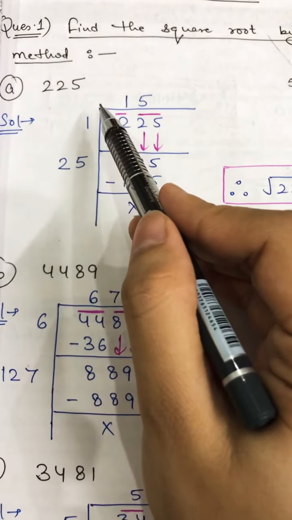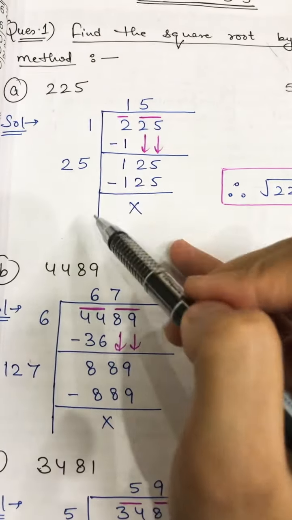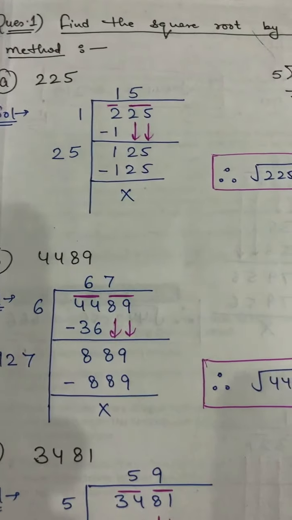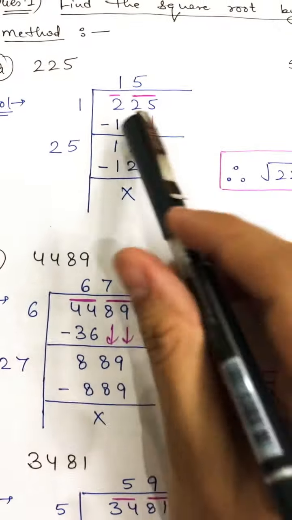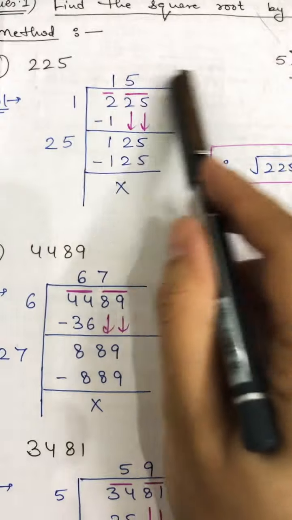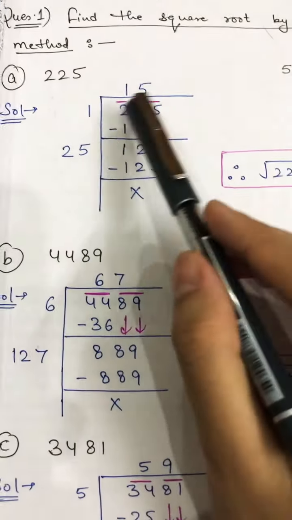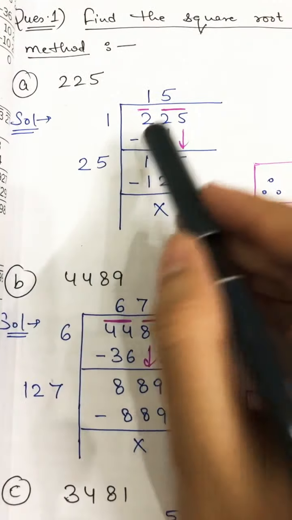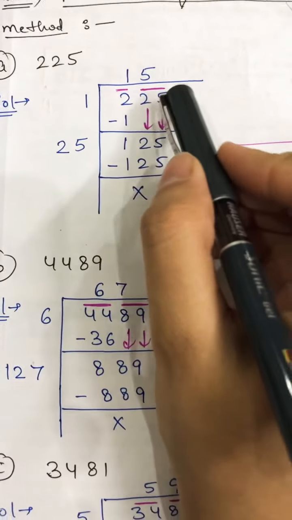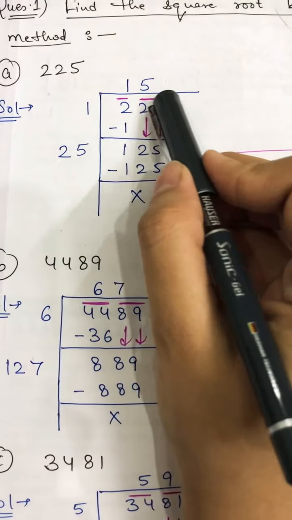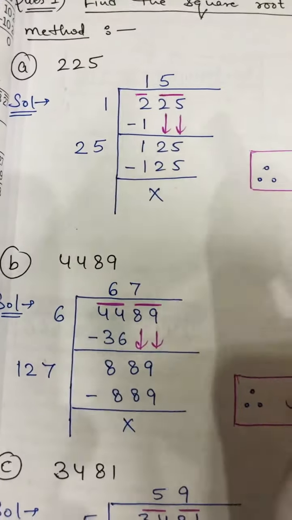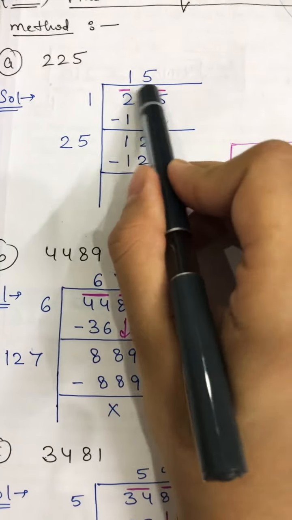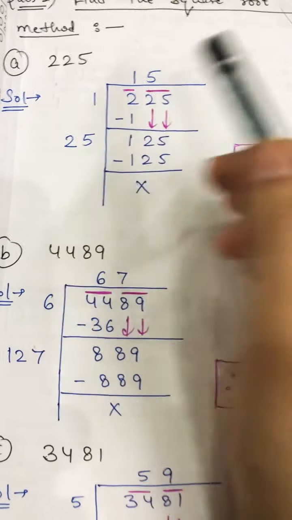You have to make one vertical line and one horizontal line, and this way you start the question. You have to write down this 225 inside this symbol. Now how to start the division? First of all, you have to do pairing from the back, from the last digit. 2 and 5, it's one pair, so you have to place a bar here.